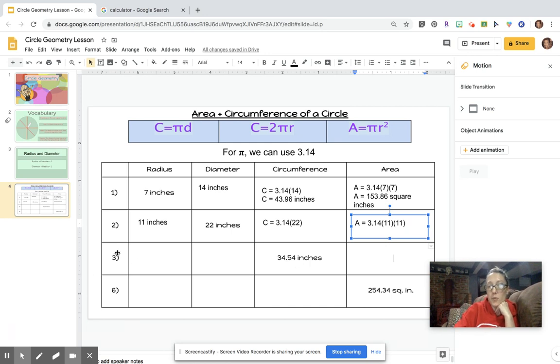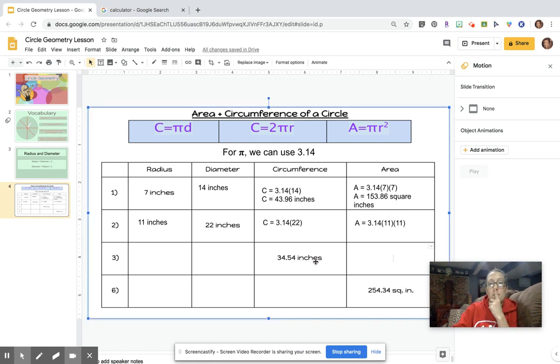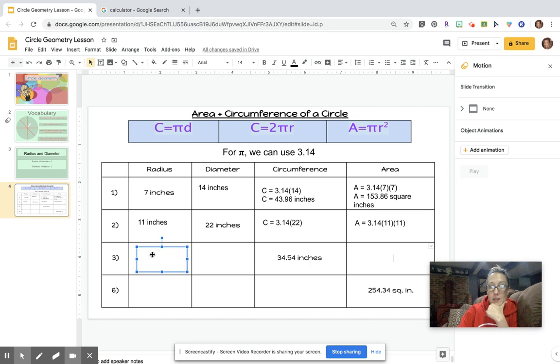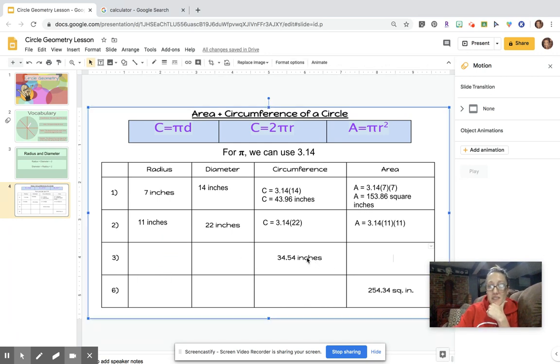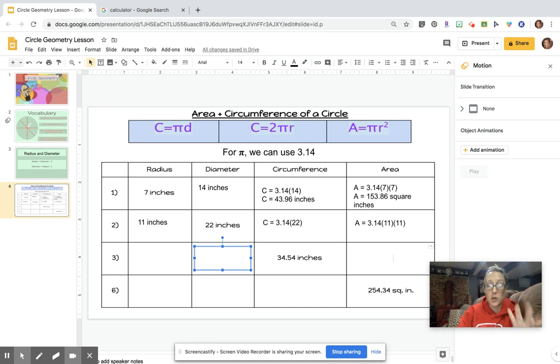So number 3, and well, I have it as number 6 on here, but really number 4, right? These are where it gets a little bit tricky. So with this, you're going to have to move backwards a little bit. In this one, you're given the circumference, and you're trying to find the diameter and the radius. When you're given the circumference, it's actually easier to go back to the diameter first, but it's totally up to you. So here's what I know.